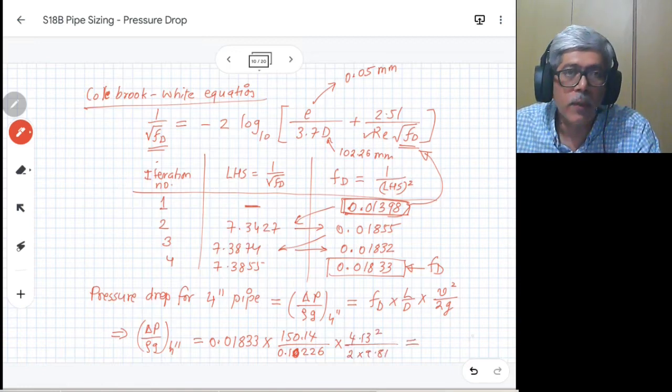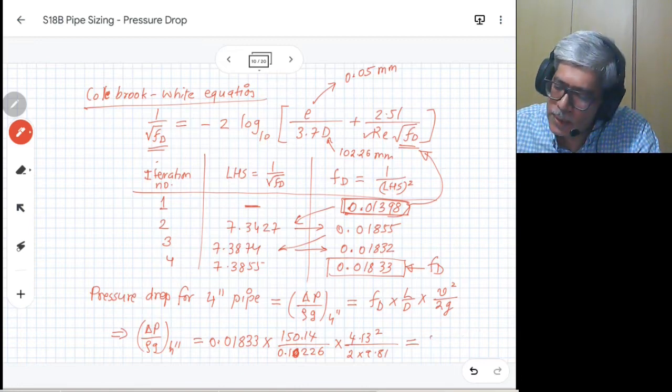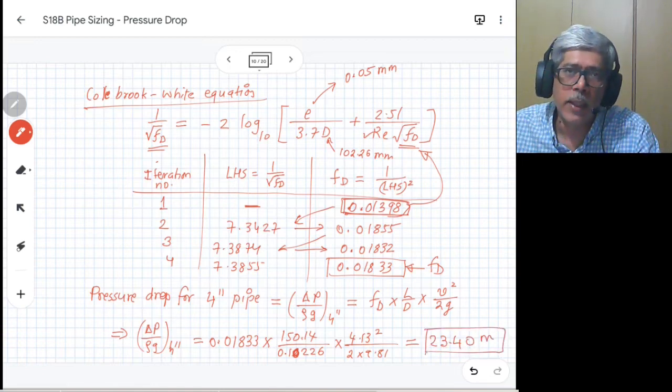So we'll get the value of the pressure drop head as 23.40 meters. So this is the pressure drop head corresponding to the 4-inch pipeline.